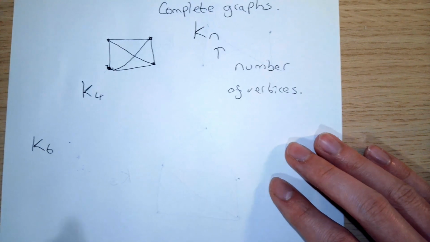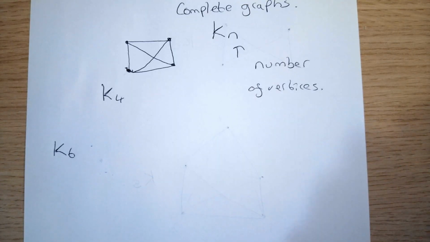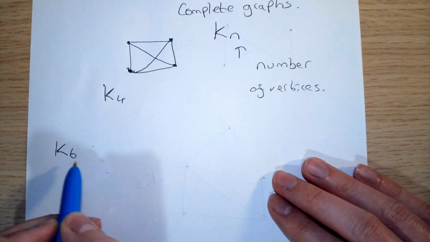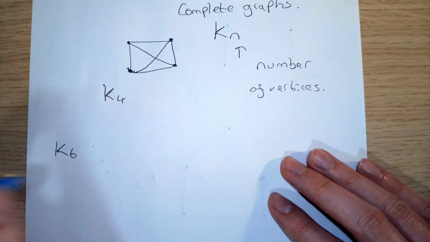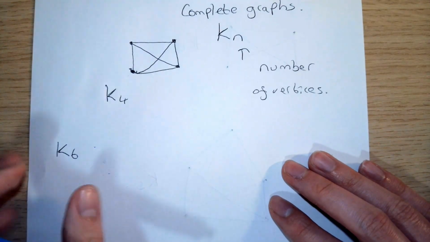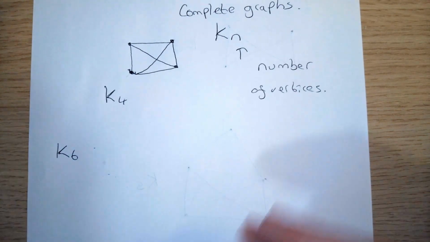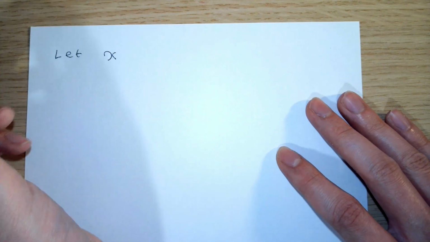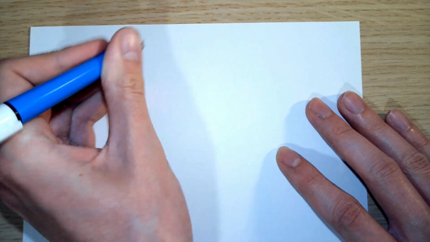We're going to prove this the following way. We're going to select a random vertex in the complete graph with 6 vertices. So we're going to let X be a vertex on the complete graph on 6 vertices.